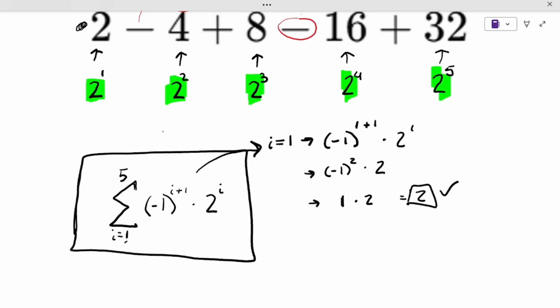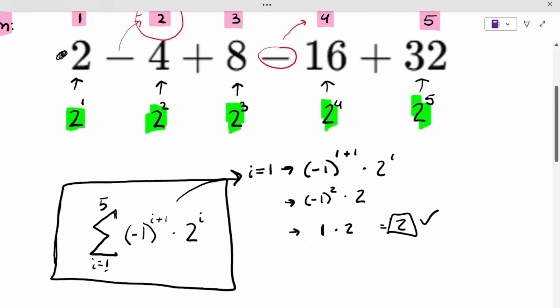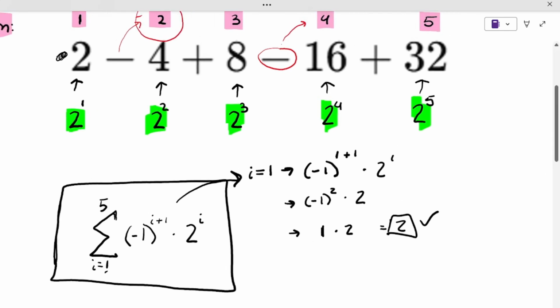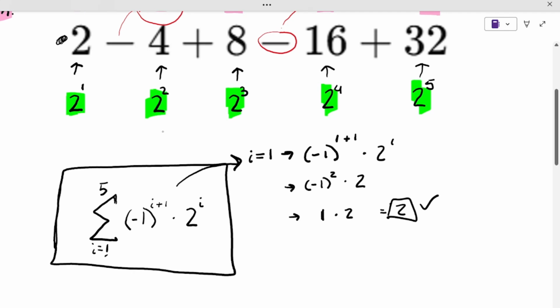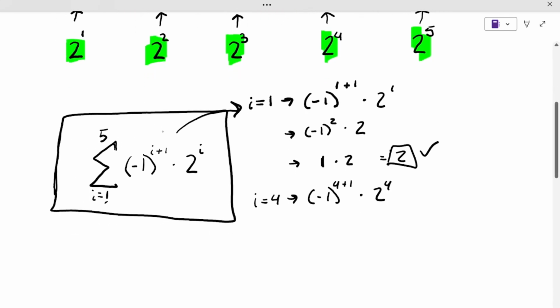What if we plug in 4 for I? What's going to happen there? Well, we should get negative 16, right? So let's plug in I equals 4 this time. Negative 1 to the 4 plus 1, again just using what we wrote over here, times 2 to the 4th power. And this will get us negative 1 to the 5th power times 2 to the 4th.